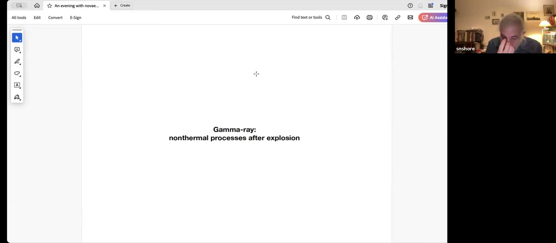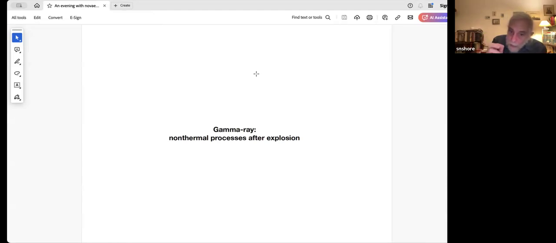In gammas, one sees active galactic nuclei, where again you have accretion on a black hole, and you get to energies above 10 to the 9 electron volts. So you can get gigavolt or even teravolt energies.